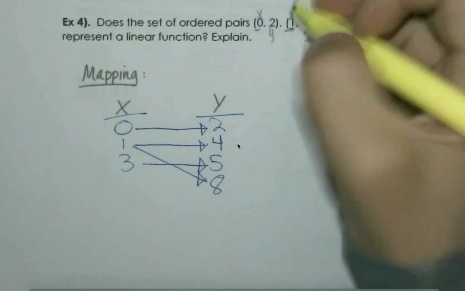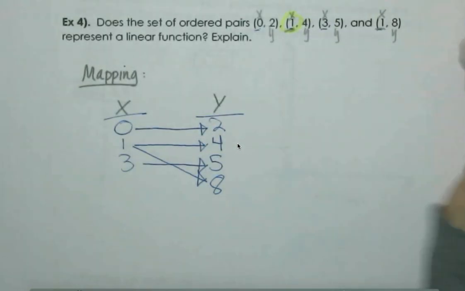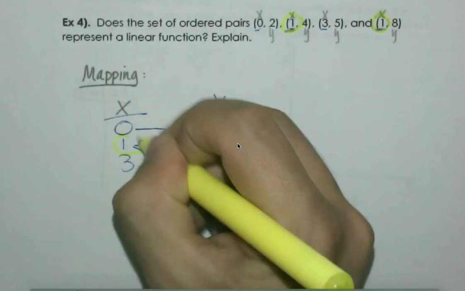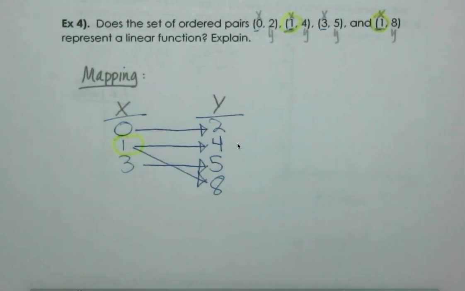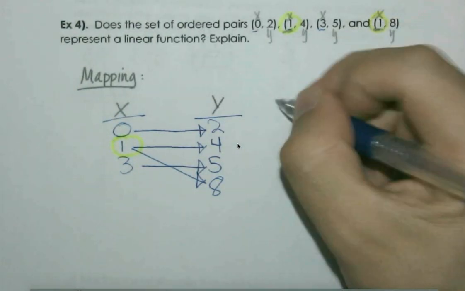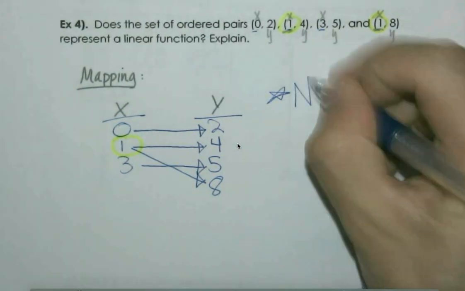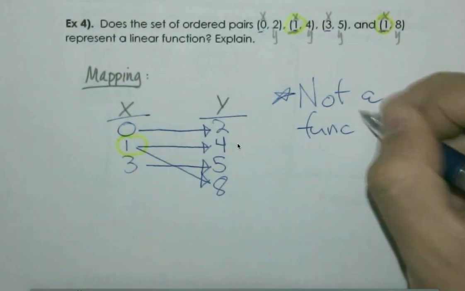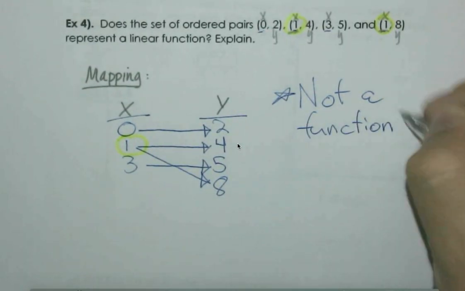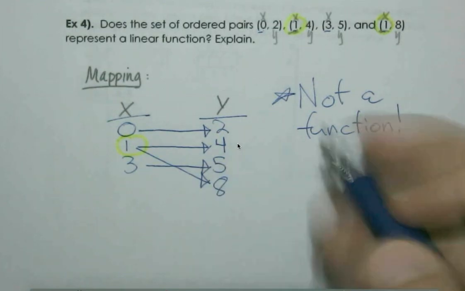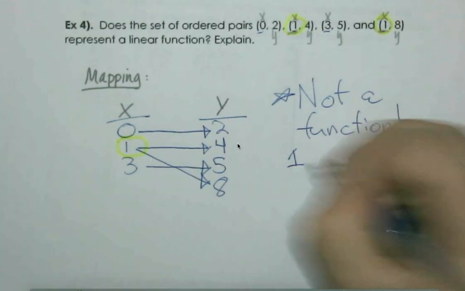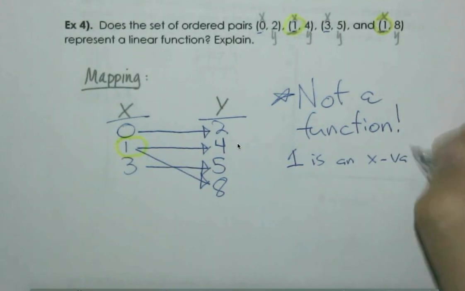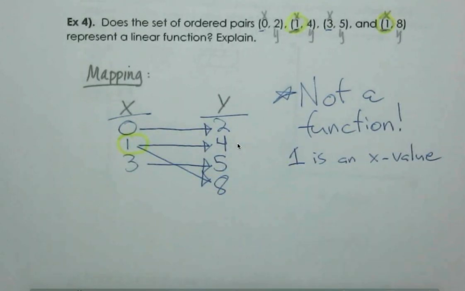Hopefully you're saying that you see 1 here and also here. Since this has two arrows leading from it, it's saying two different outcomes based off of it. So we would say that this is actually not a function. The reason is because 1 is an x value and it's repeating, meaning that there are two outcomes based off of that.